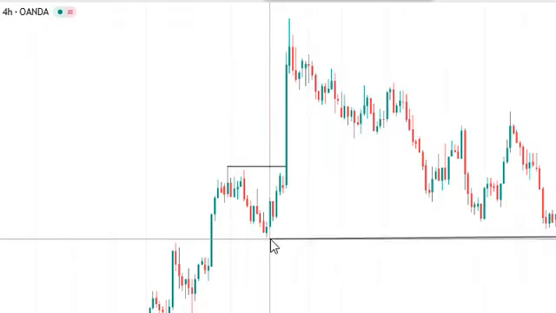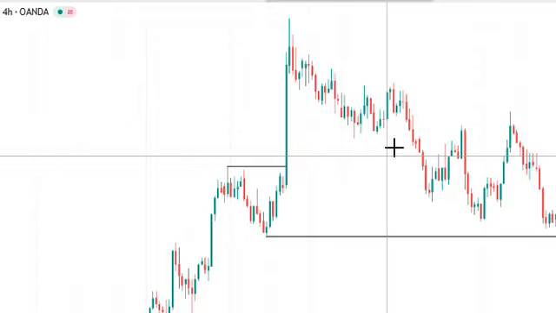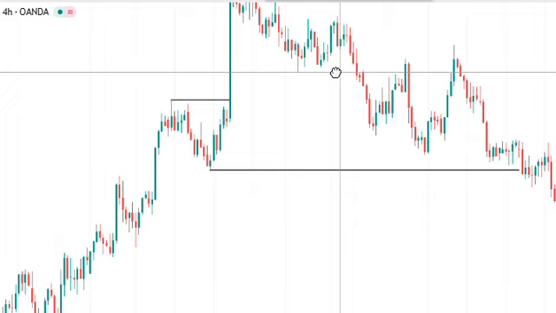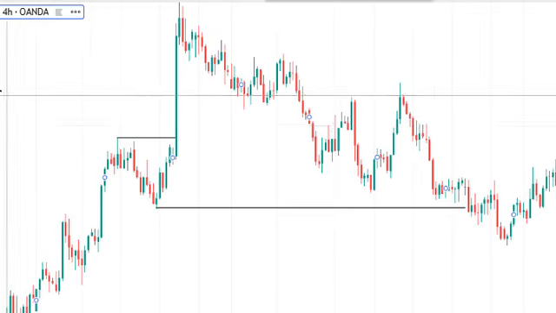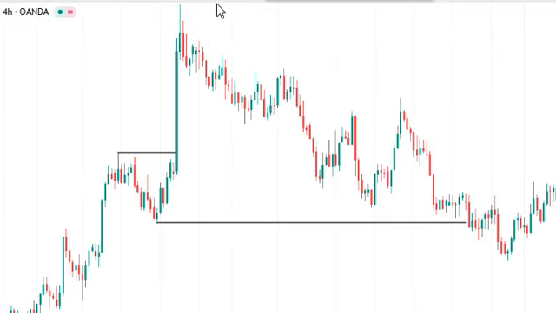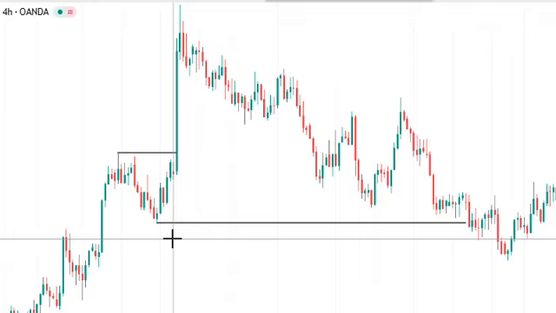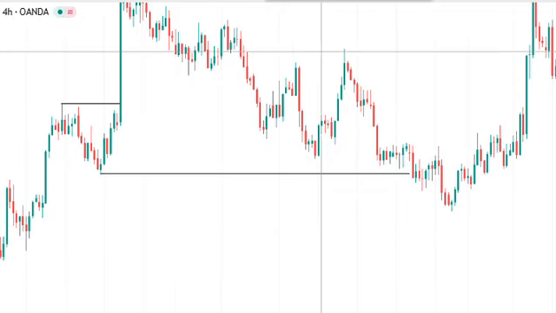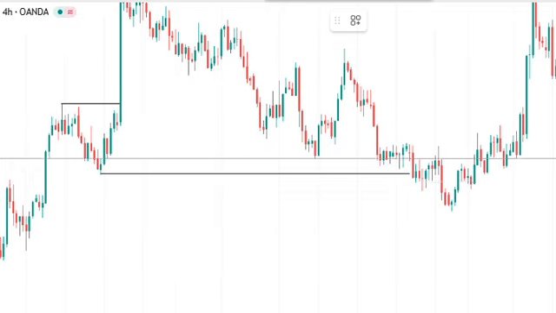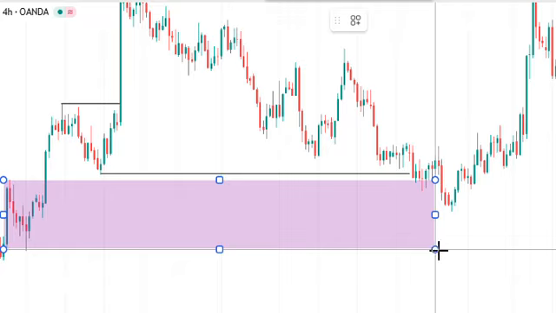Inducement can be called inducement only if it has broken structure. That is a valid one, a solid break of structure. We can see that there is a good break of structure right here. After it broke structure, we expect the market to trace down into this place. So let's draw the order block as usual from the top to the low.